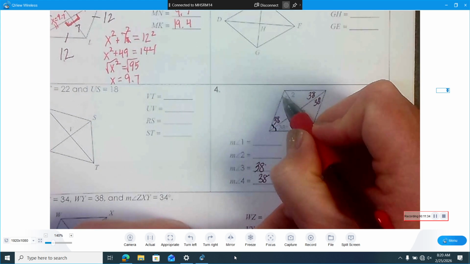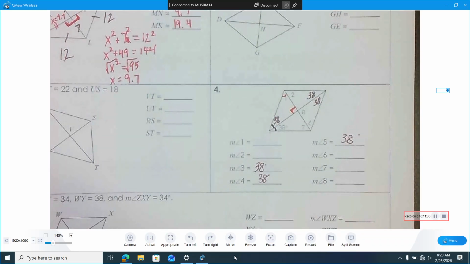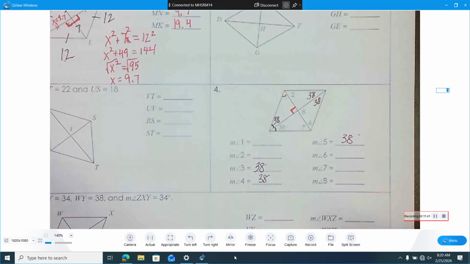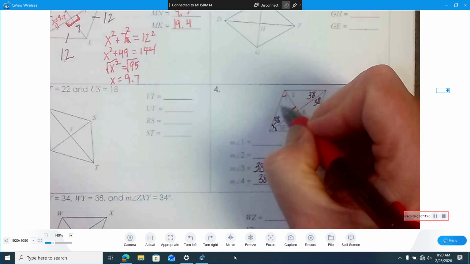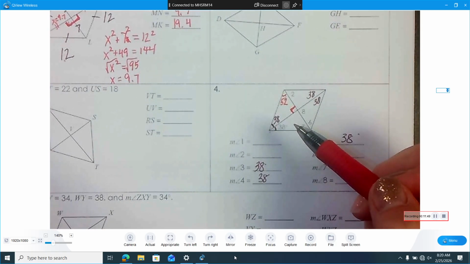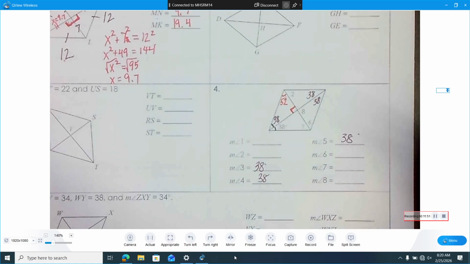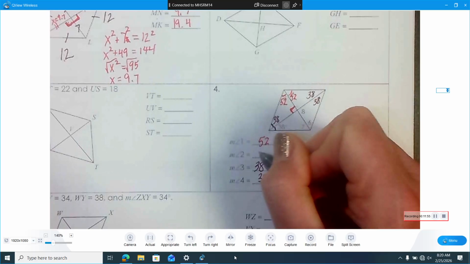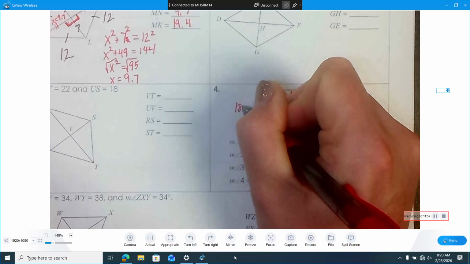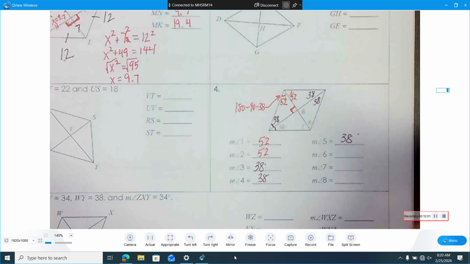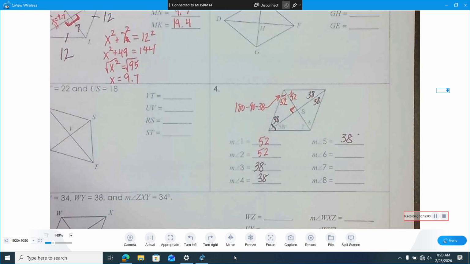And so we can figure out angle 1 by doing 180 minus 90 minus 38. Good. Okay, what did we get? 52. And if that's 52, what should angle 2 be? 52 as well. Okay, so 1 is 52 and 2 is 52. So this was 180 minus 90 minus the 38 to get our angle number 1 right there.